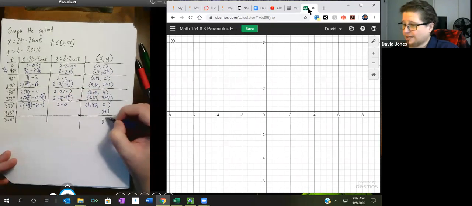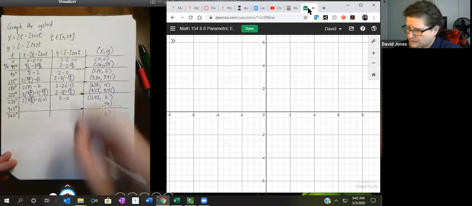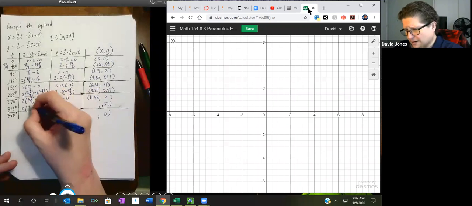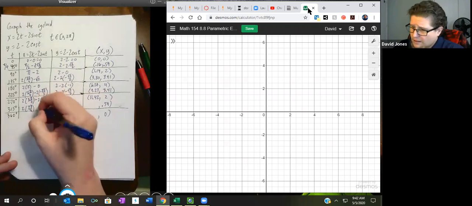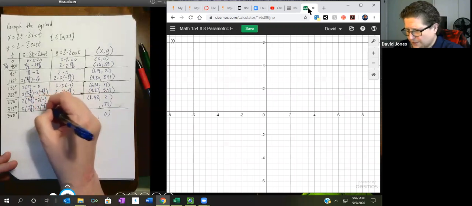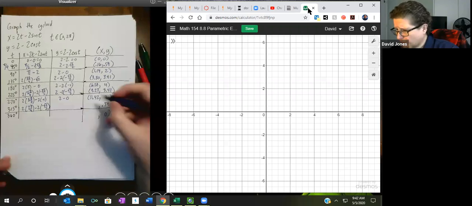What are the x values? I've got 2 times 7 pi over 4 minus 2 times negative root 2 over 2, which ends up being plus it. 7 times pi divided by 2 plus the square root of 2, 12.4.